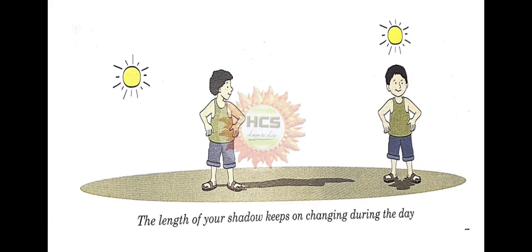In the first picture, the light source is placed along the width of an object, so the shadow is long. But in the second picture, the sun is placed above the boy. So look at the shadow on the ground. The shadow is short. The length of your shadow keeps on changing during the day because of the angle of the light source.